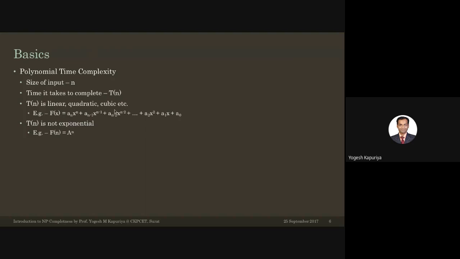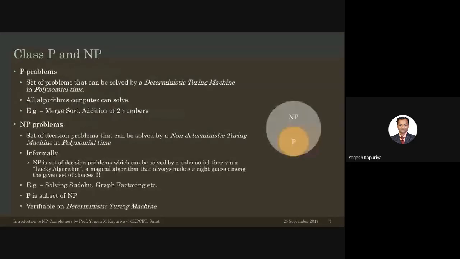But the algorithms which have time complexity in the form of linear, that means big O of n, or big O of n square, or big O of n cube, or big O of n log n, all fall under this category. And these are all called P problems. P problems means the set of problems that can be solved by a deterministic Turing machine in polynomial time.